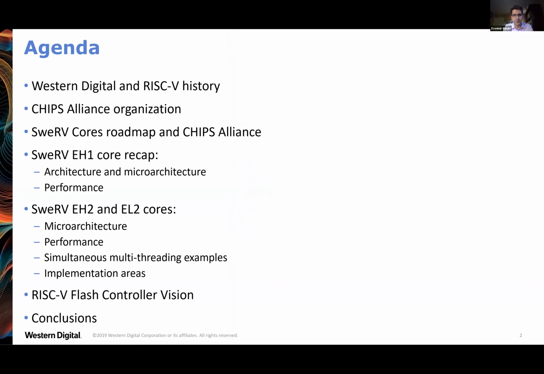And then Robert Golla, our chief architect of RISC-V Cores in Western Digital, will take over and will present on the SweRV EH1 core recap, architecture, microarchitecture performance, and he'll also explain details of SweRV EH2 and EL2, how these cores are really different, what is new. And if we stay on a timeline, I'll explain a little bit towards the end how we are applying this core in our flash controllers for solid-state disk drives, and conclude.